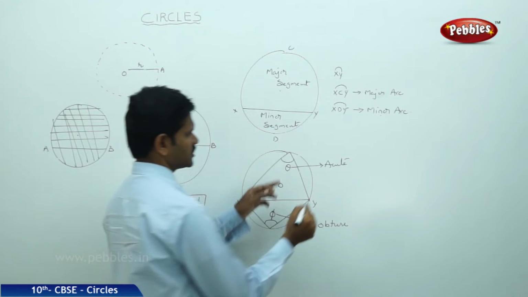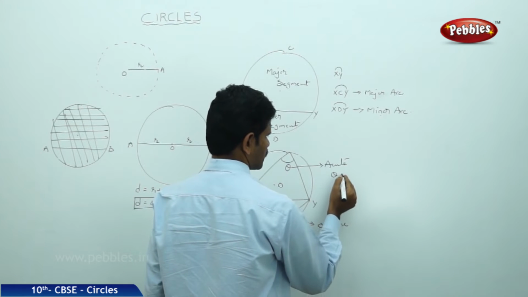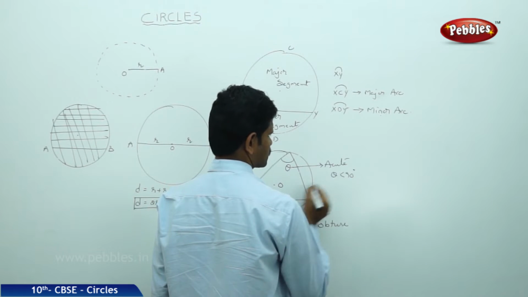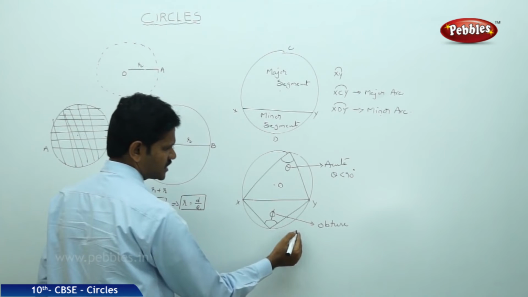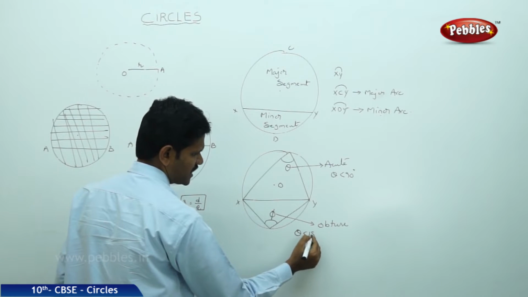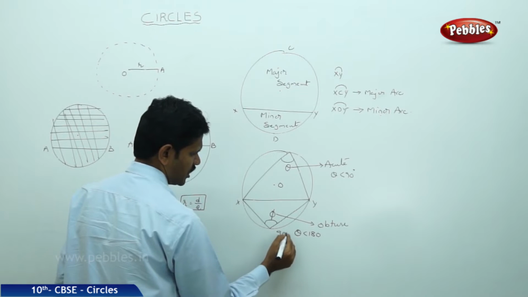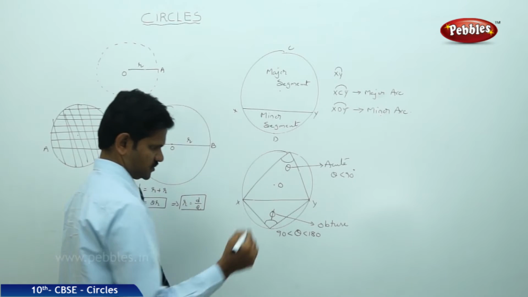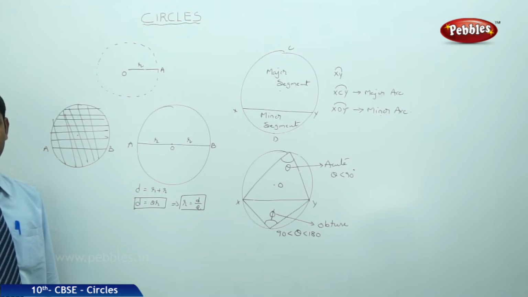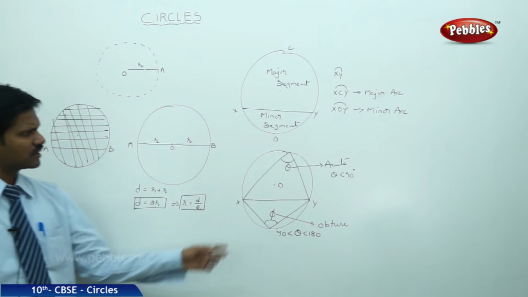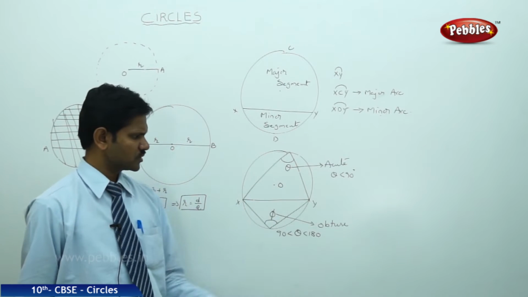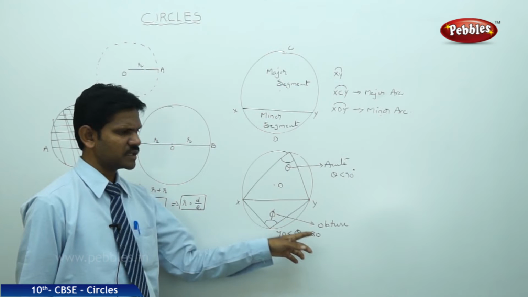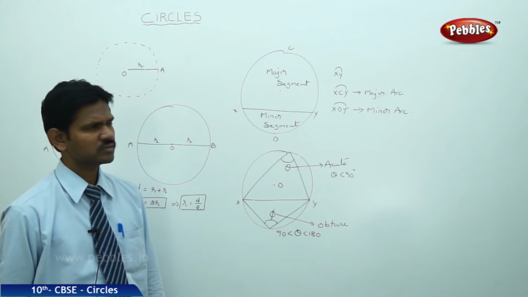That is, here theta is less than 90 degrees and greater than 0 degrees, and here theta is less than 180 degrees and more than 90 degrees. That is, angle in the major segment is acute and angle in the minor segment is obtuse.